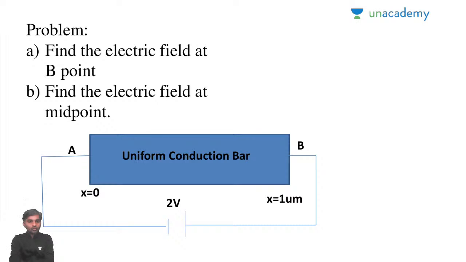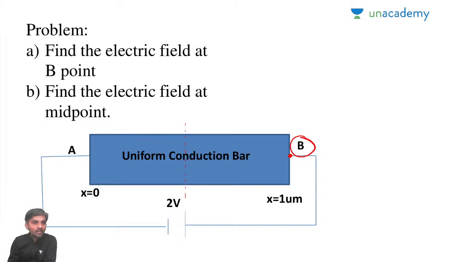He is asking us to choose two areas. First, at the end of the bar, where x is equal to 1 micrometer, that is B. He is also asking us to calculate at the center.